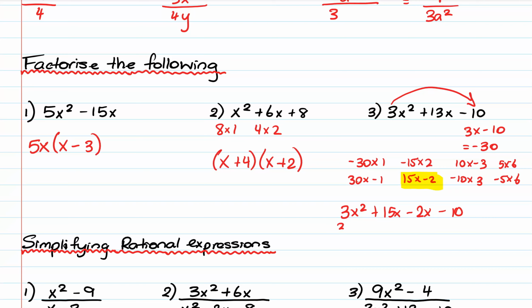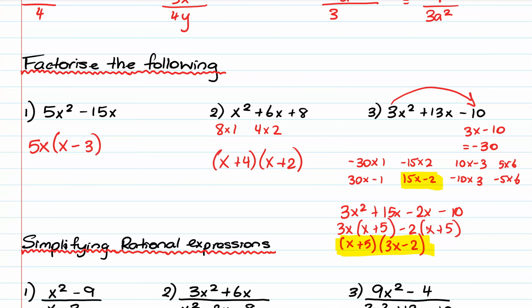I can take 3x out as a common factor for the first two, and I'm left with x plus 5. I can take -2 out as a common factor for the next group, and I'm left with x plus 5. And if I take out x plus 5 as a common factor, I'm left with 3x minus 2. Right, and that's my final answer over there, once I have factorized this.